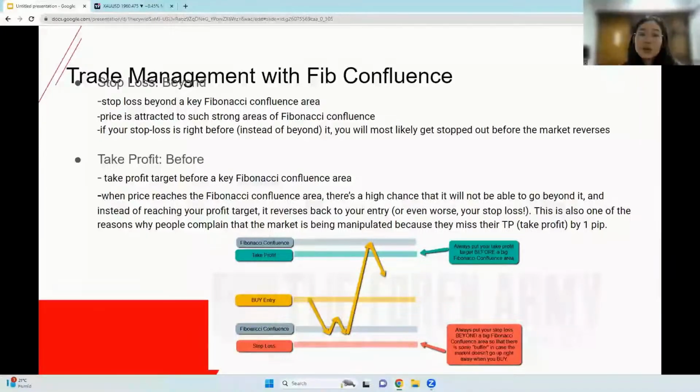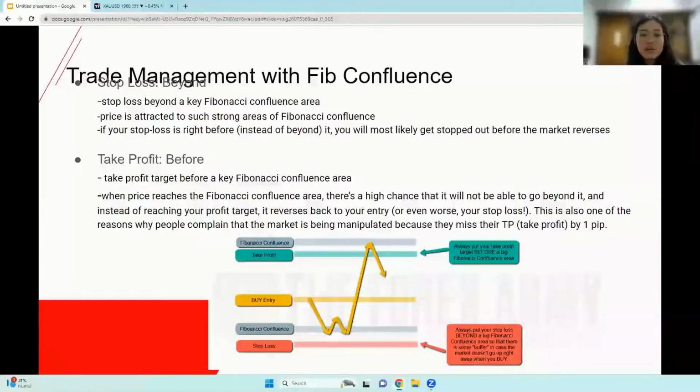So if you're using pivot point levels, or looking at dynamic support and resistance by using your Ichimoku or Bollinger Bands, any indicators that you like to use, even your support and resistance levels, when two or more of those indicators line up at a specific level, that forms a confluence area. Price is attracted to such areas of confluence, and if your stop loss is right before it instead of beyond it, you'll most likely get stopped out before the market reverses.